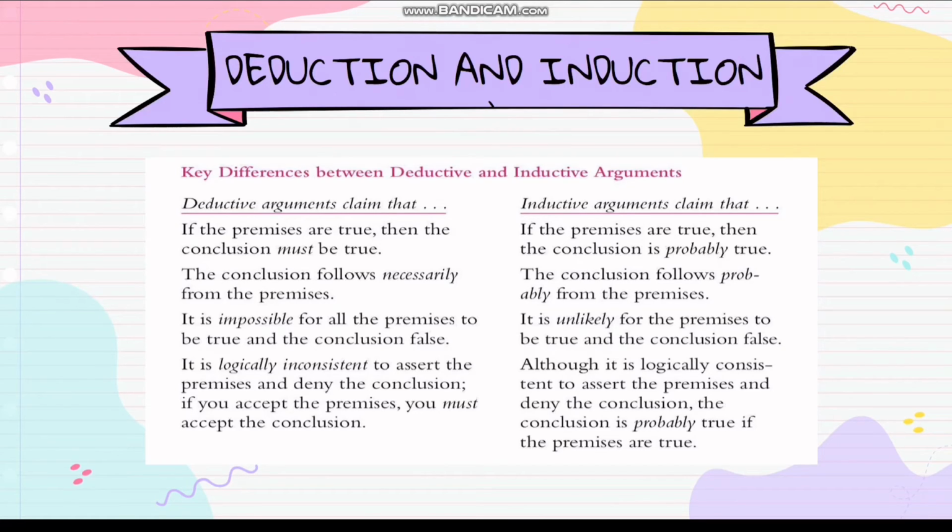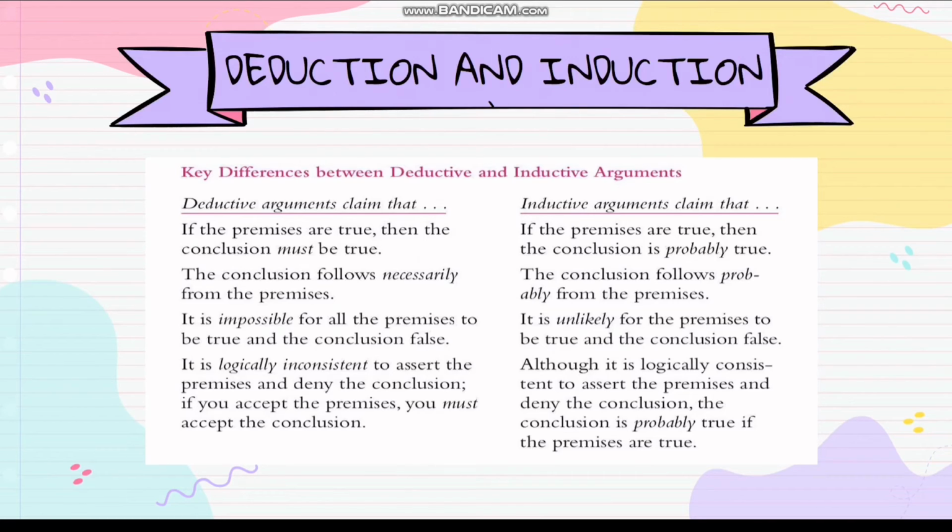First, a deductive argument claims that if the premises are true, then the conclusion must be true, while an inductive argument claims that if the premises are true, then the conclusion is probably true. In the deductive argument, the conclusion follows necessarily from the premises. In the inductive argument, the conclusion follows probably from the premises.